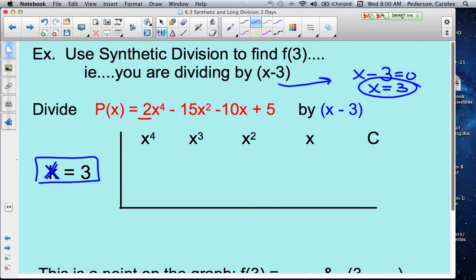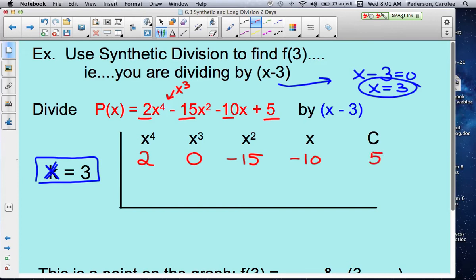So our coefficient for x to the 4th is 2. Coefficient of x cubed, oh, look what happened. I'm missing the x cubed term, so that's going to be my placeholder 0. And then the next term is negative 15. That's your x squared. Then negative 10. And then your constant is 5.